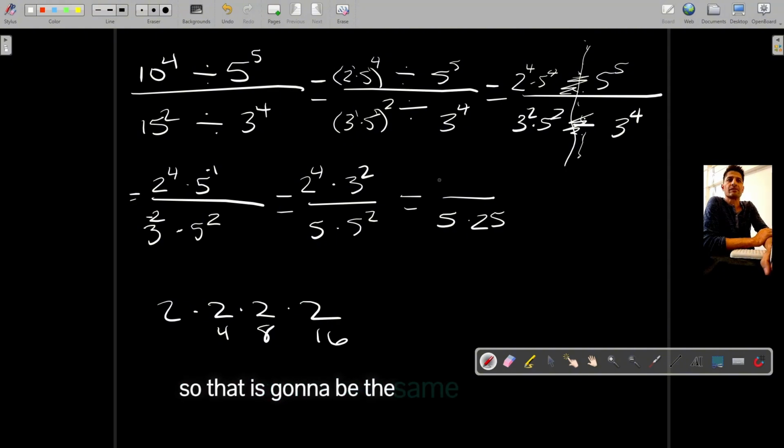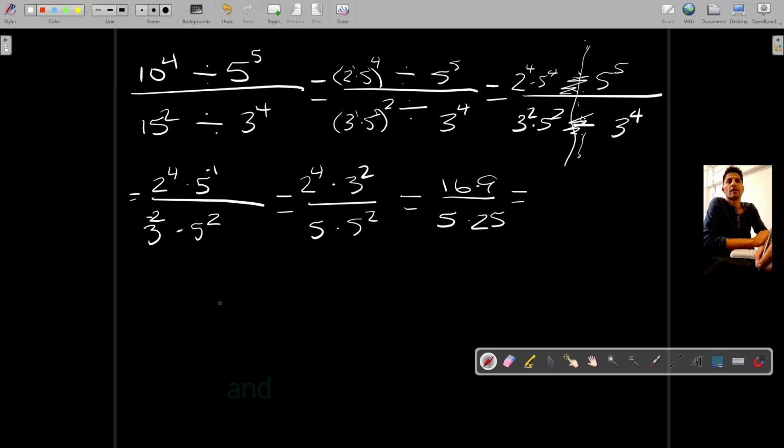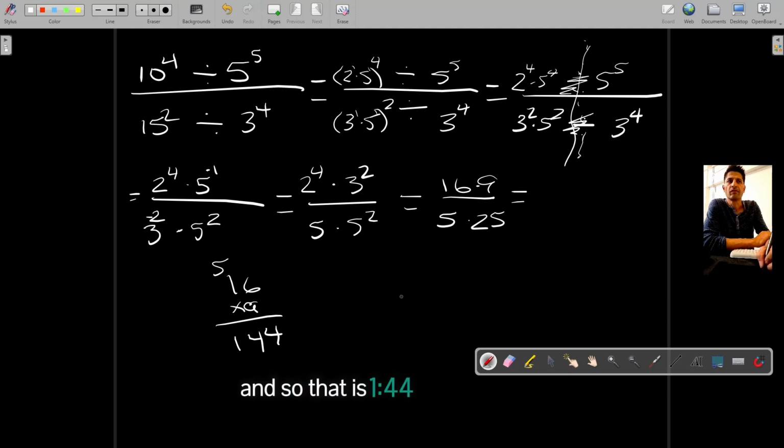So that is going to be the same as 16 times, well, we know 3 times 3 is 9. And let's do the math. That is going to be 16 times 9. 6 times 9 is 54. 9 times 1 is 9 plus 5, that is going to be 14. And so that is 144.